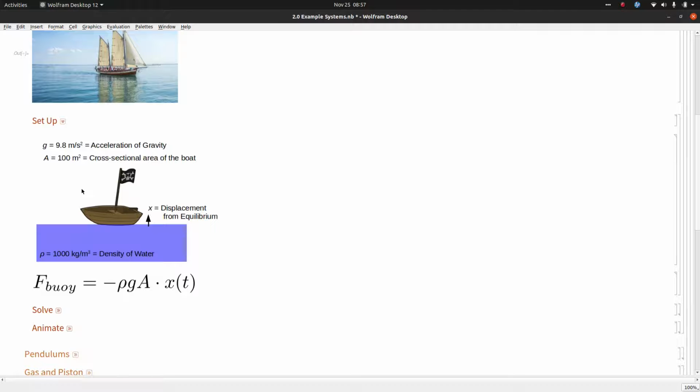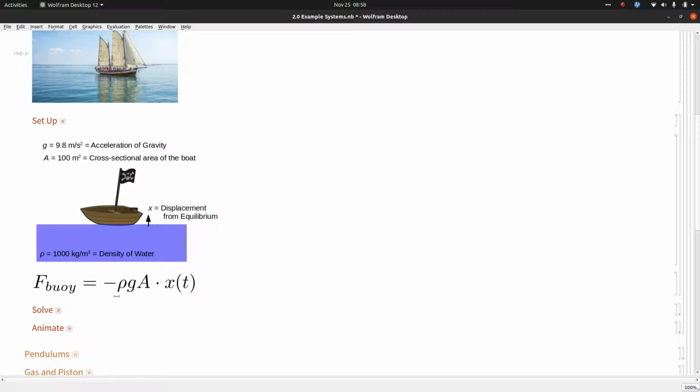Now, if I look at the buoyancy force, which we're going to be treating as the restoring force on the boat, that is going to be equal to minus a constant, in this case a group of values which, when you multiply them together, gives you one big constant, times the displacement.